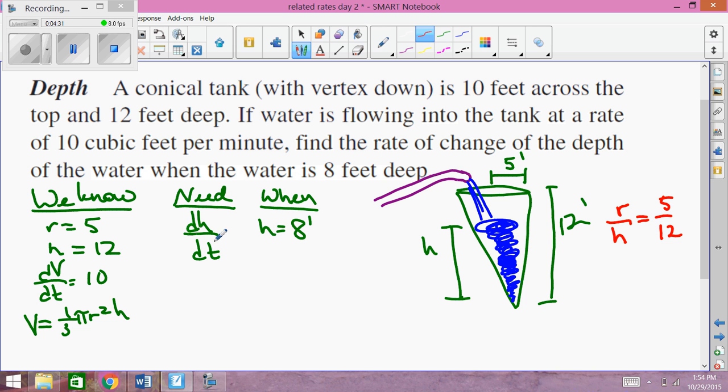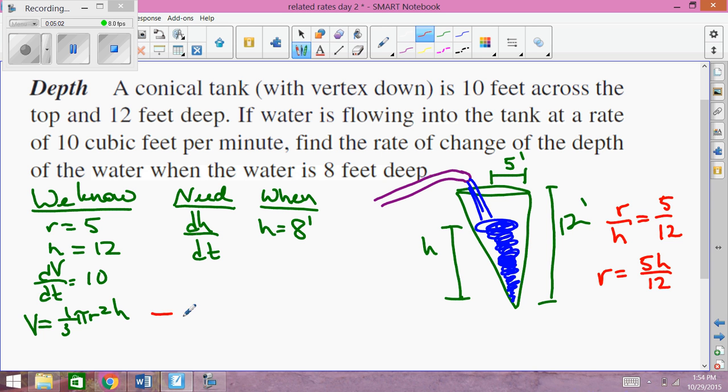Since I want dH/dt, the best thing to do is define this in terms of h. So let's solve this for r in terms of h. r is equal to 5h over 12.